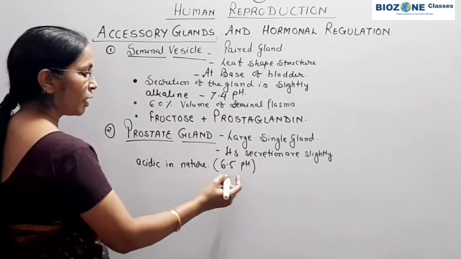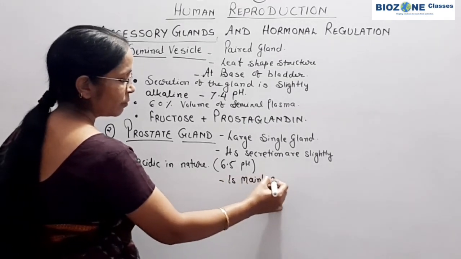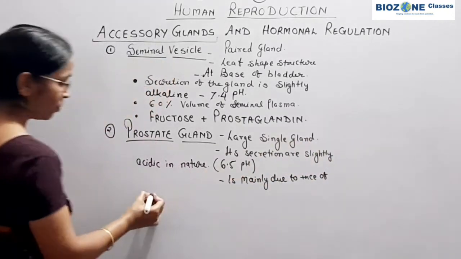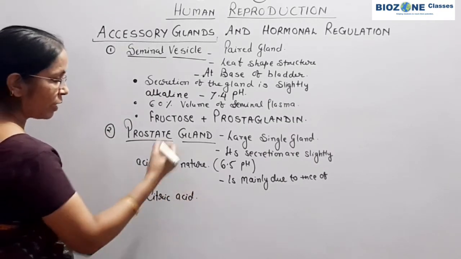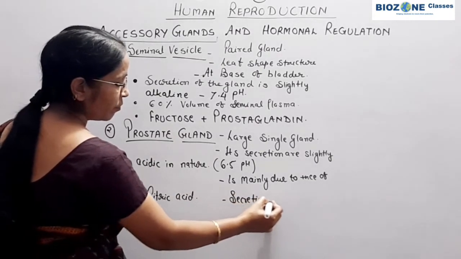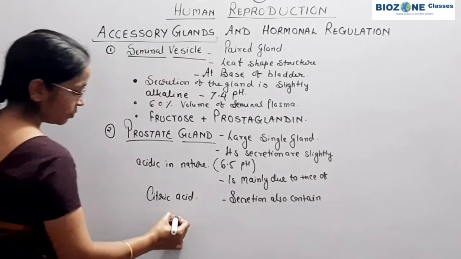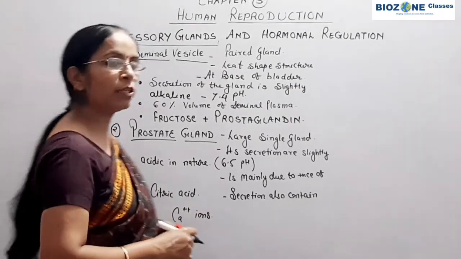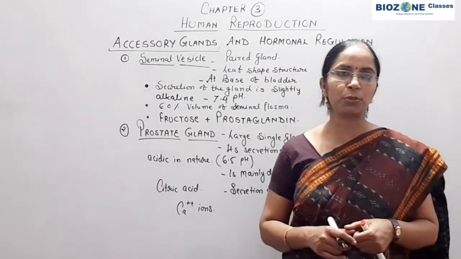This acidic nature is mainly due to the presence of citric acid. The secretion also contains calcium ions, and these calcium ions are required for the motility or movement of the spermatozoa.